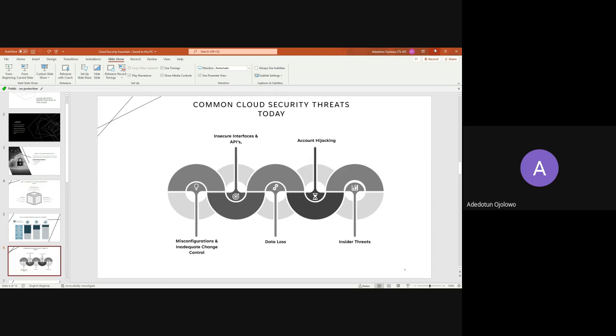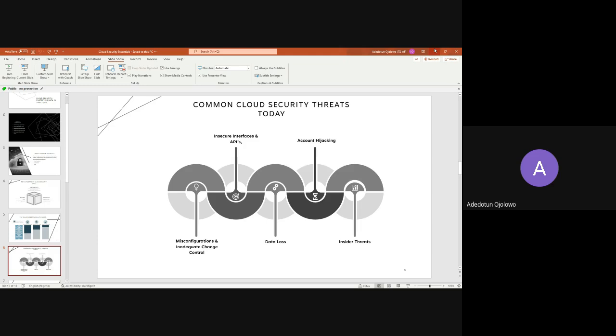Another very common scenario in cloud security is data loss. We really see a lot of scenarios where customers' data is exfiltrated. For example, remember the Uber case, where a lot of personally identifiable information was exfiltrated. So many times you see this data being sold on the dark web, and it usually causes harm.